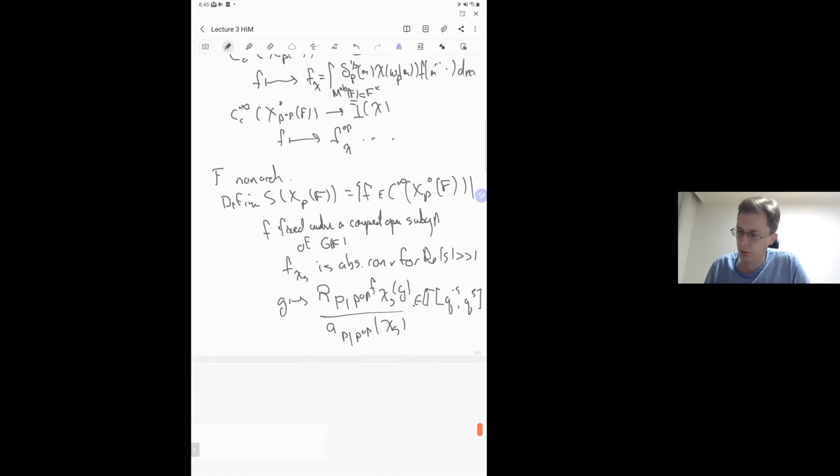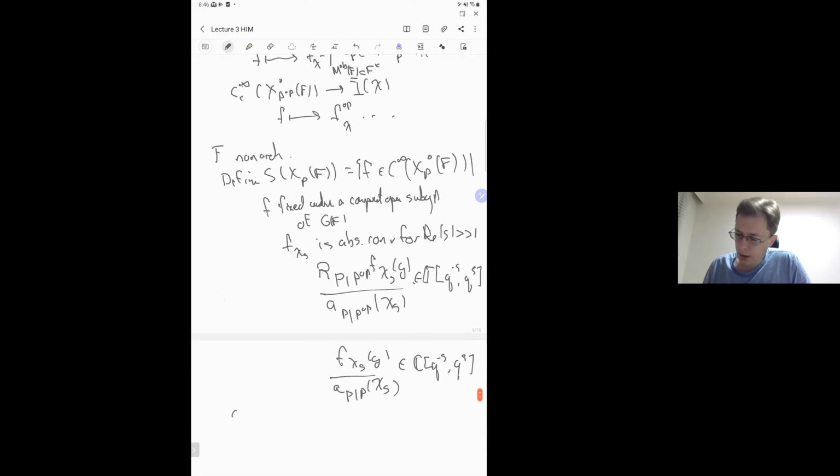And the same thing is true of just the original thing. So if I take g, it goes to f chi s over g, A P P, for each fixed g. So this is known as C[q^{-s}, q^s].